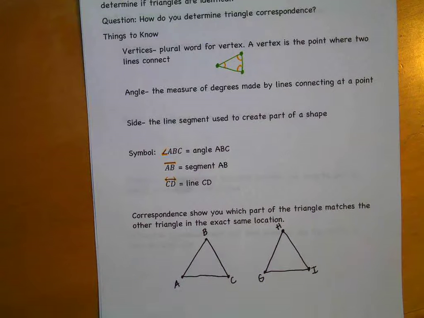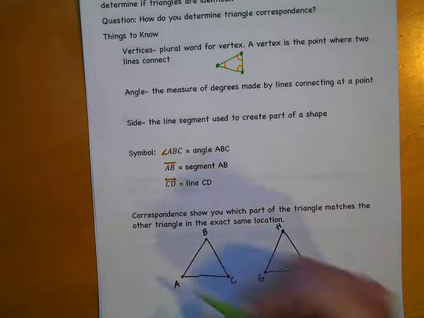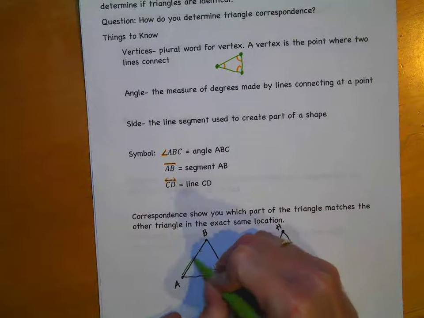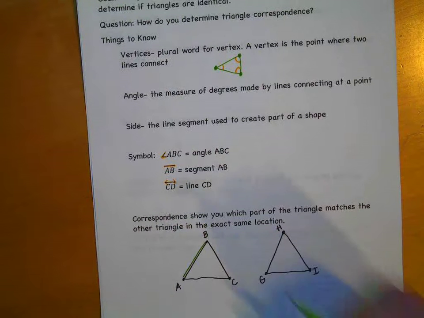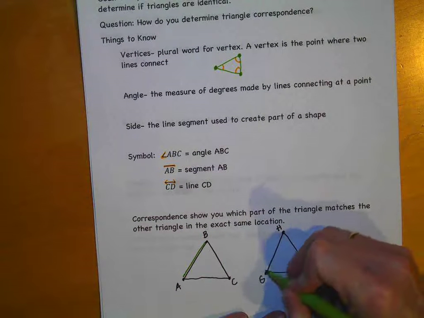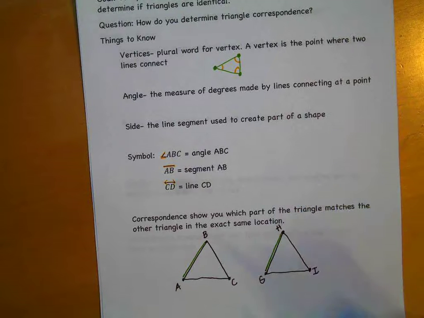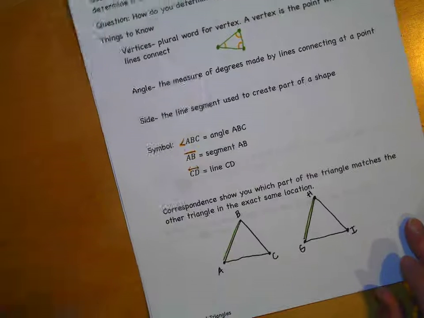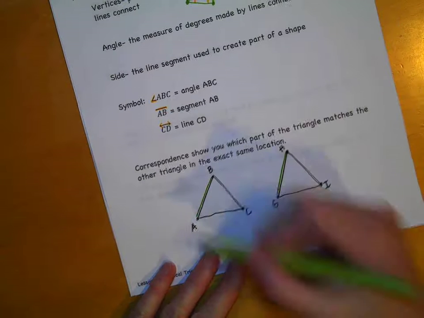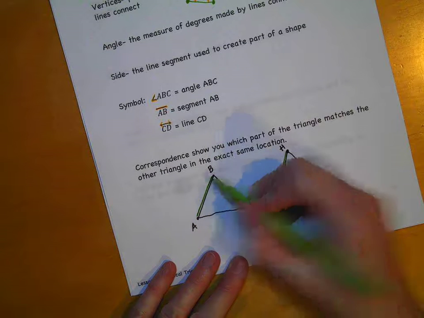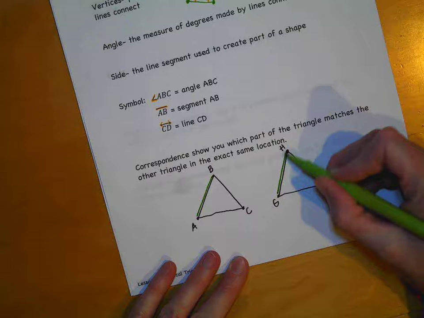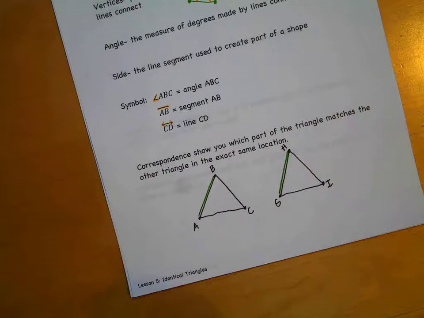Then we would say that segment AB, going from this vertex to this vertex, corresponds with segment GH. They correspond because they're matching the same sides. So AB corresponds with GH. All right, so that's the corresponding sides.